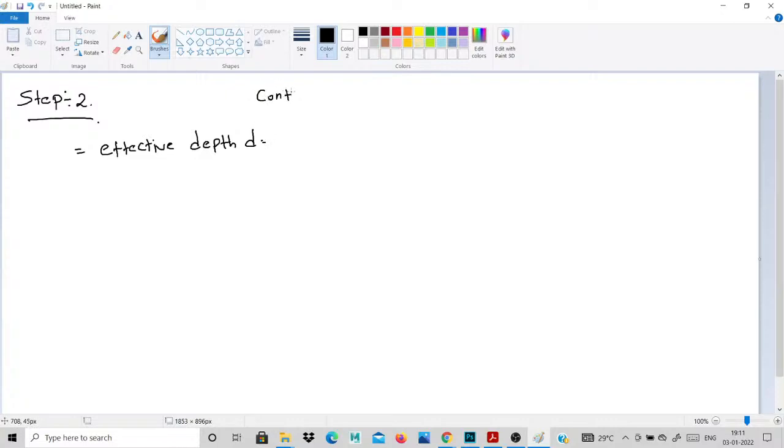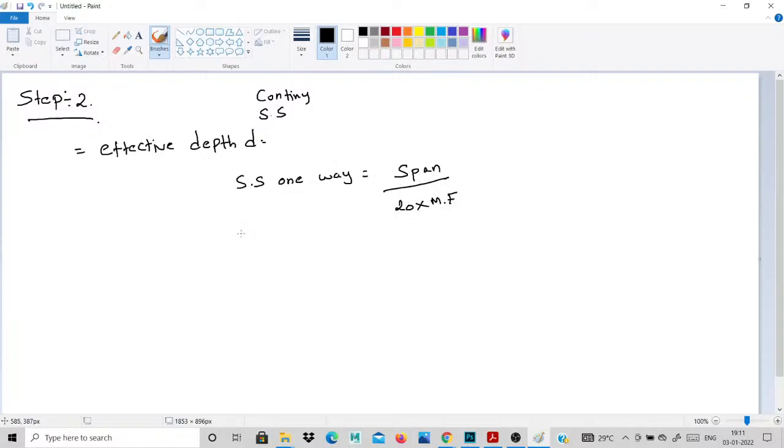If you go for continuous slab or simply supported, it will be different. For example, I take a simply supported one-way slab. My span by depth ratio is span divided by 20 into modification factor.